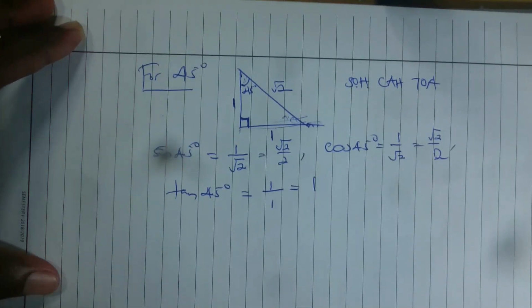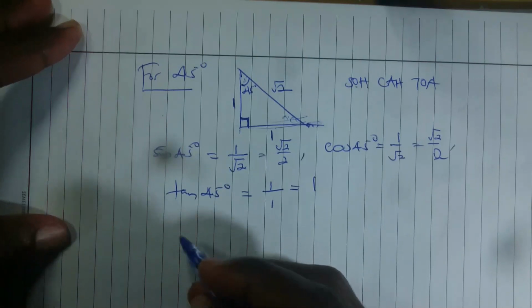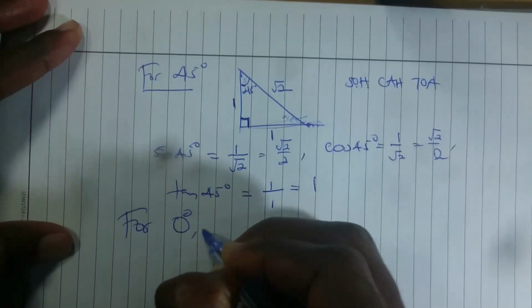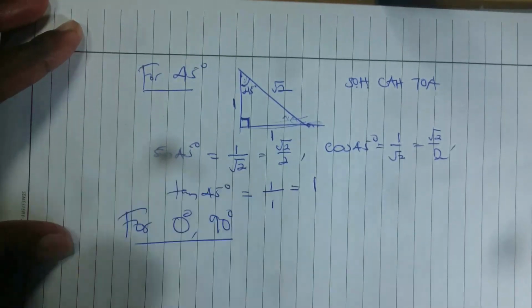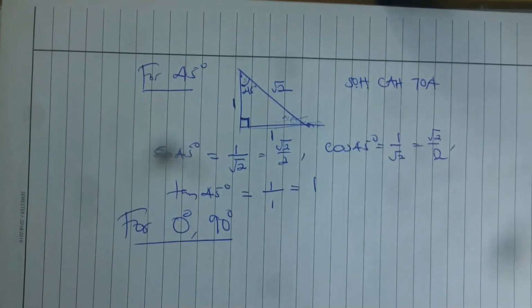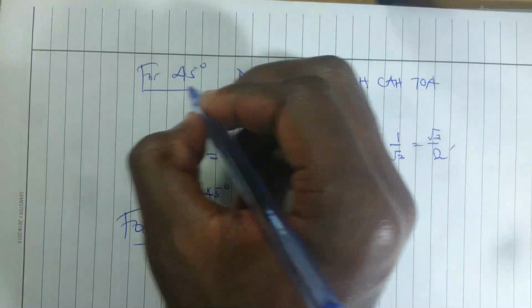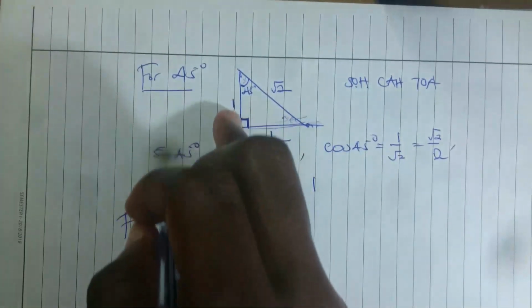Now let us take a look at 0 and 90 degrees. By the way, let me explain to you what makes this side 1.